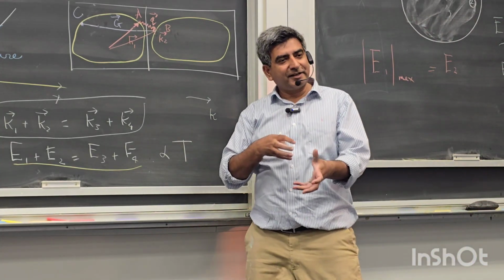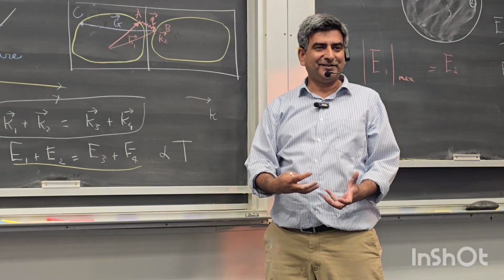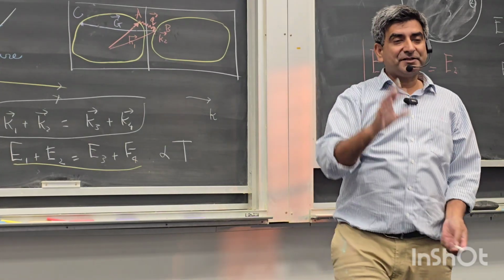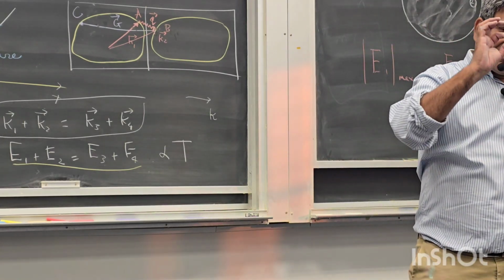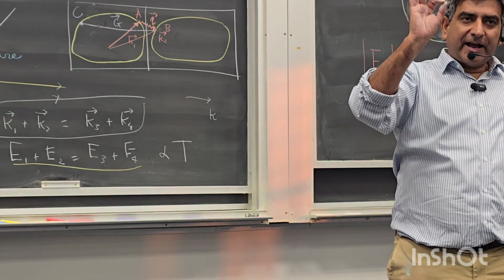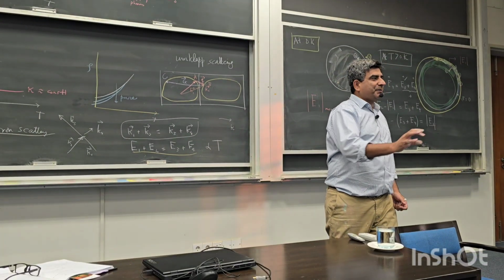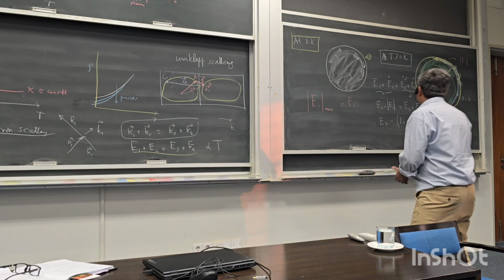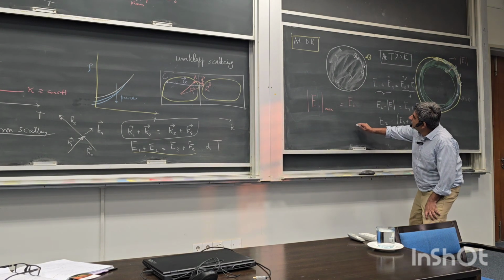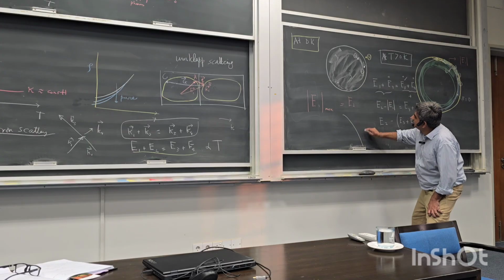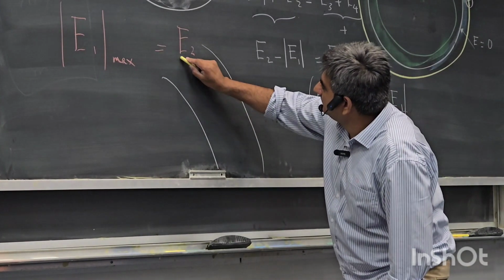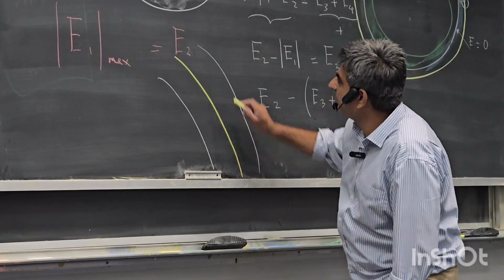The k vectors are interlocked as well, because the momentum has to be conserved. So this Newtonian principle of momentum conservation has its impact at the microscopic scale when we're talking about electrons as well. So if I were to make a zoomed in view, this is my Fermi sphere.